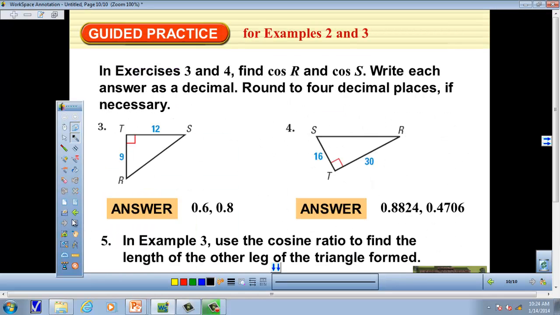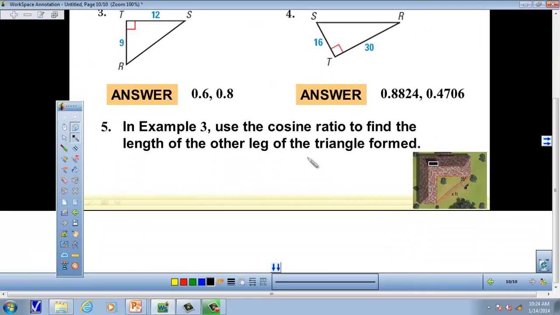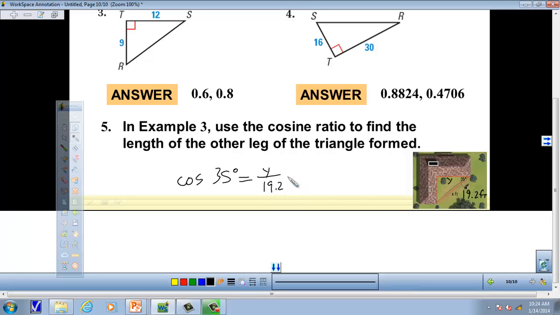So we're going to use that in this problem. So this ended up being 19.2 feet. So in order to use cosine of 35 degrees, we'll call this y right here because that's our adjacent side. We would say y over the hypotenuse, which is 19.2. Going to multiply both sides by 19.2.